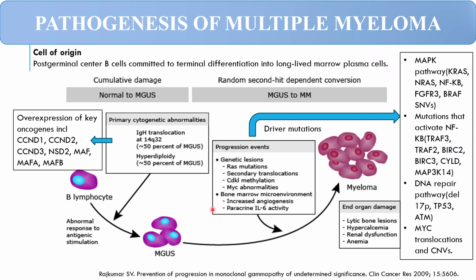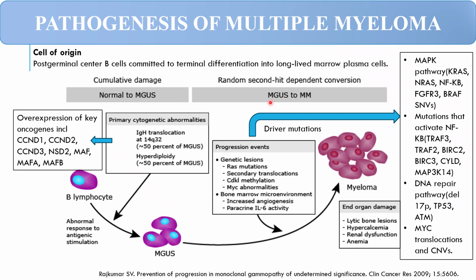So this is the pathogenesis of multiple myeloma. The cell of origin for myeloma is the post-germinal center B cell that is committed to terminal differentiation into long-lived marrow plasma cells. In a normal individual, there is progression to monoclonal gammopathy of undetermined significance, MGUS.